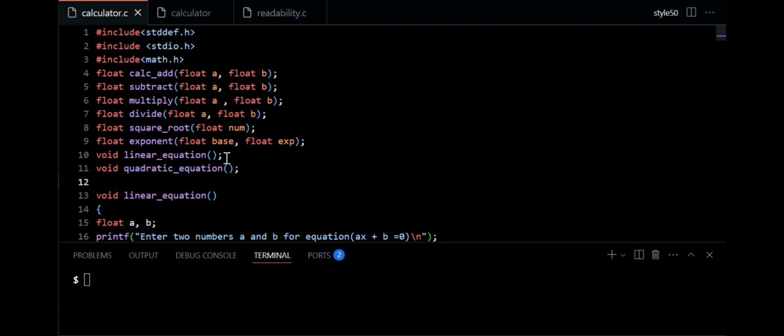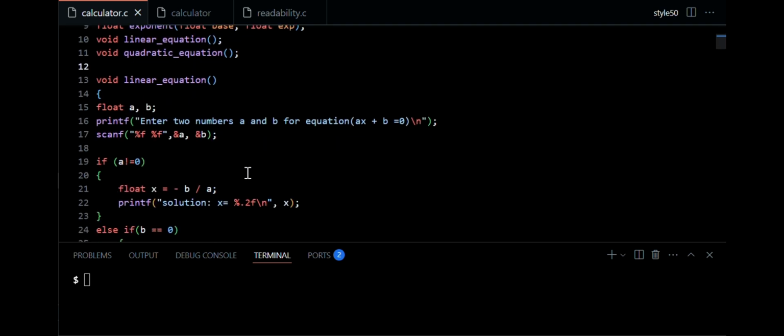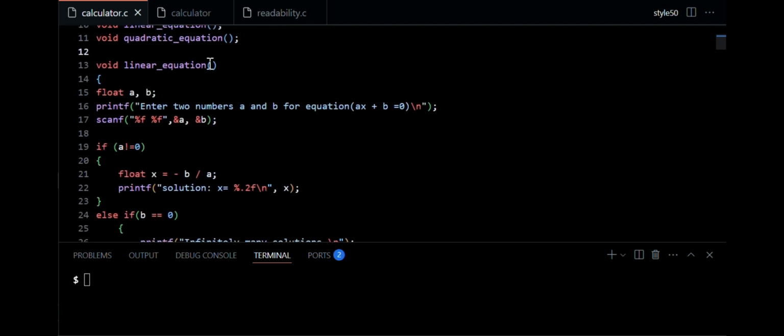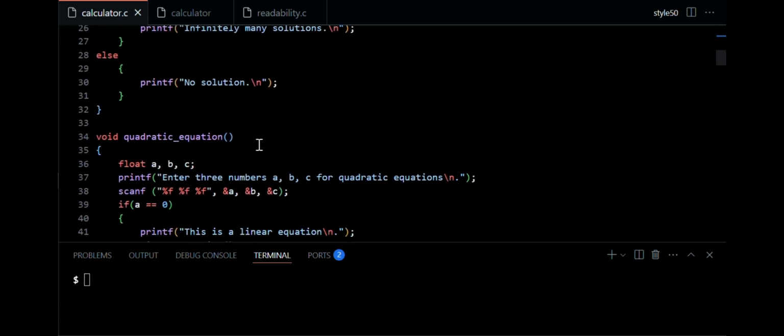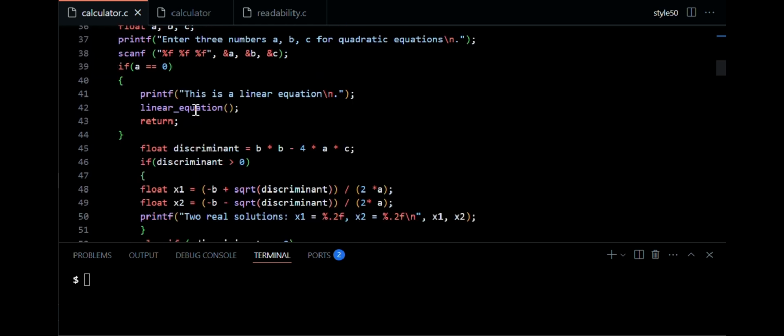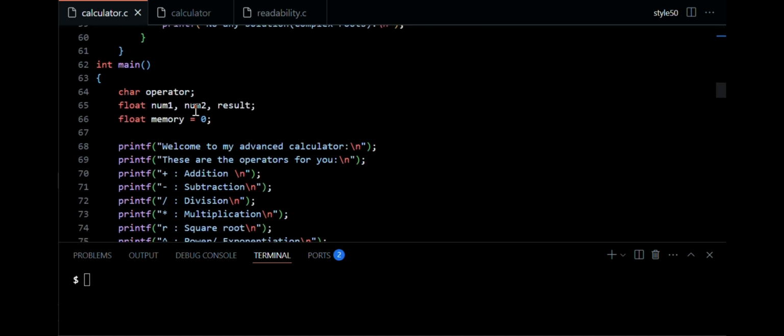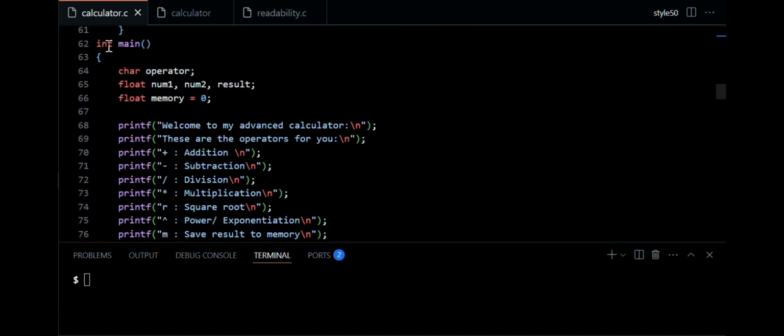It can also solve linear equations as well as quadratic equations. For this I used a void function to solve the linear equation, and the same for the quadratic equations as well.